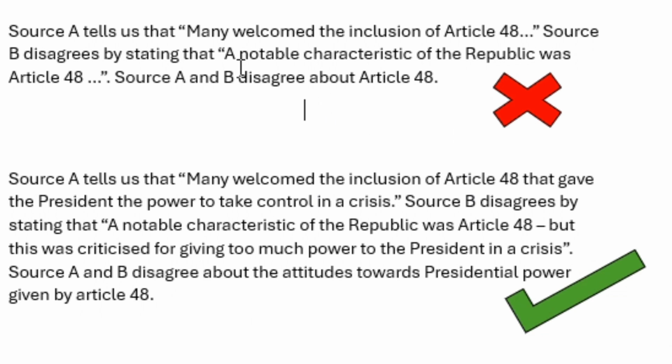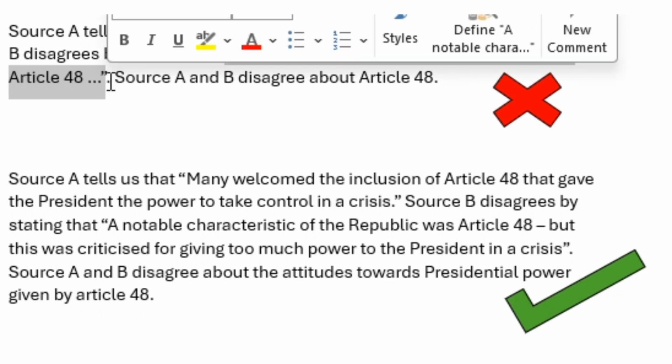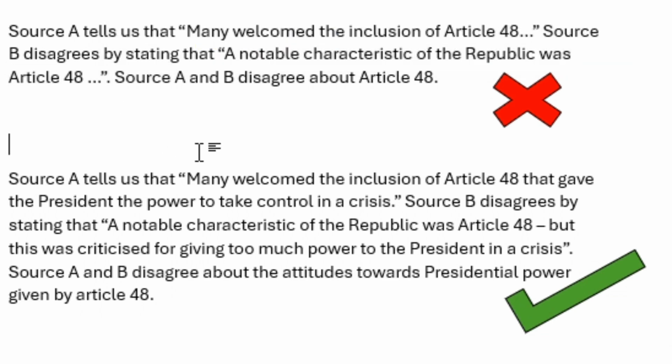Two things I'm going to make stand out. First, the quotes. You can see I've put an ellipsis there and not finished the quote. It just says many welcome the inclusion of Article 48, and then I've got my quote from source B: a notable characteristic of the Republic was Article 48. Unfortunately, by doing that, I've chopped off an important bit of the quote, and so I'm not really making that comparison anymore.